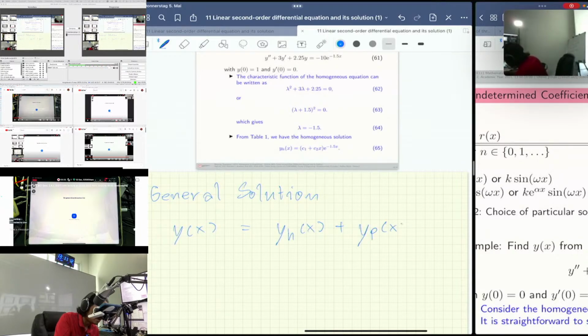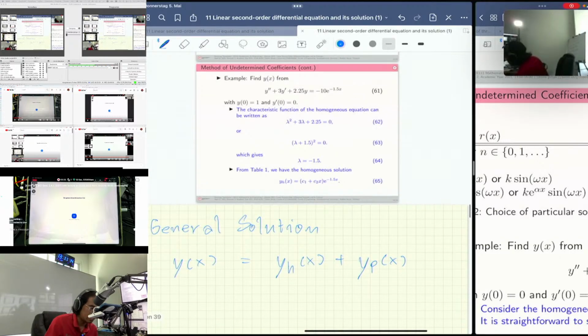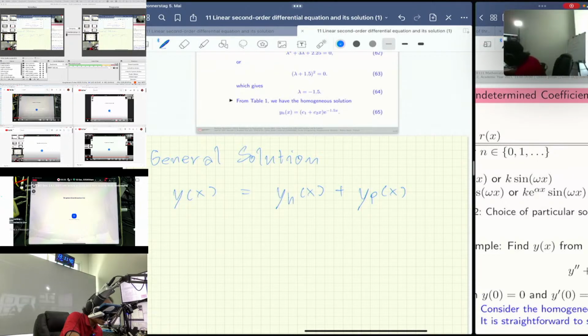And we are going to solve for the unknown constants, especially in the homogeneous solution, later by using the initial conditions, y(0) equal to 1 and y prime(0) equal to 0. All right. First, we look at the homogeneous solution.